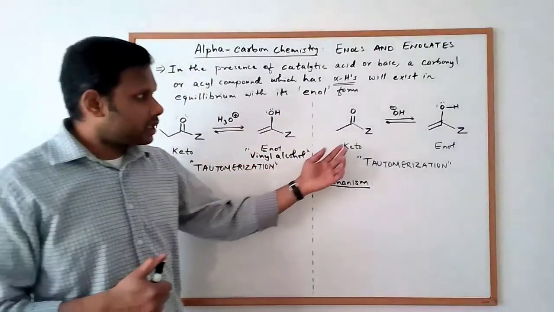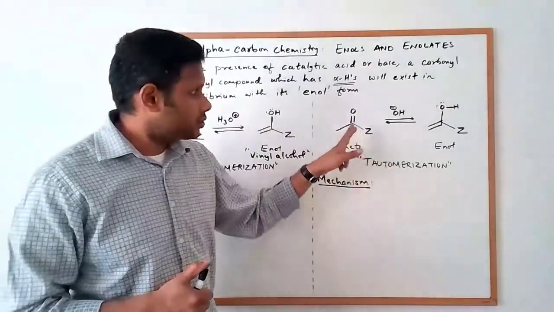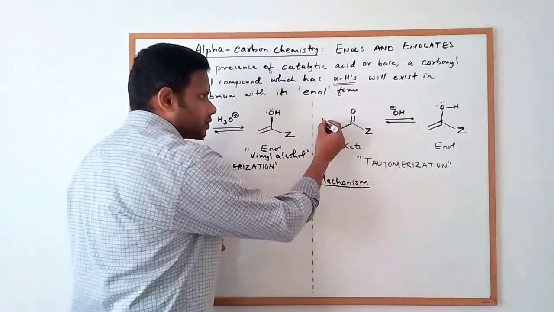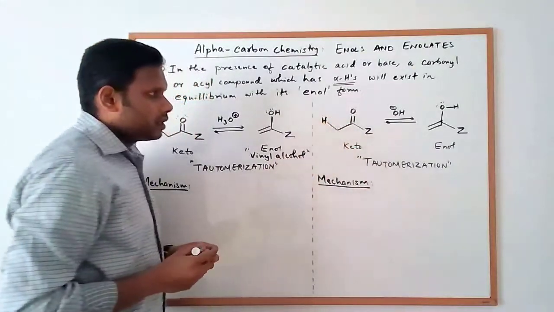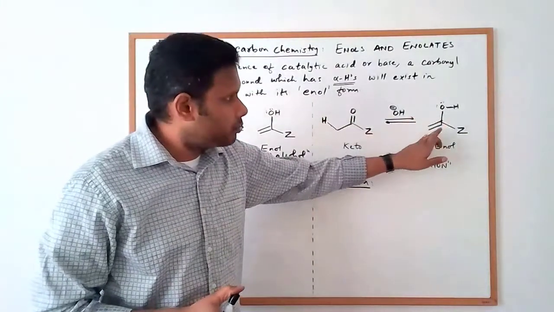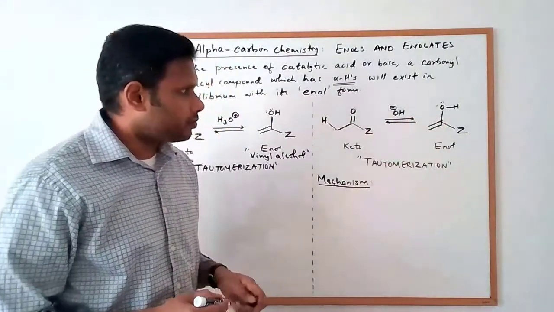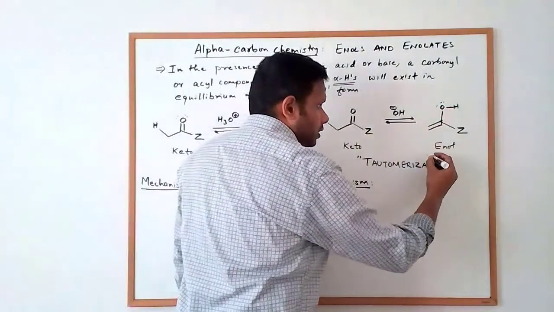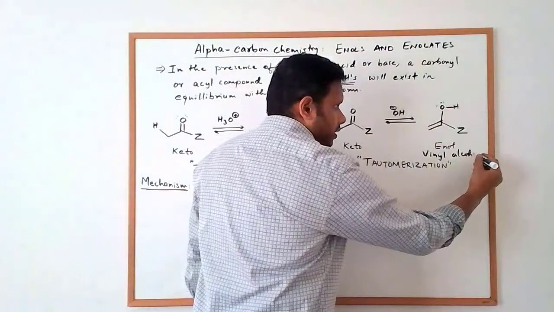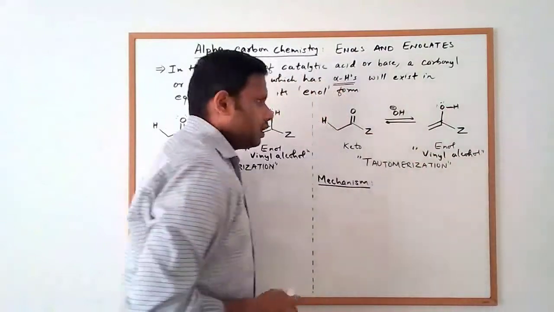Now, the same process can happen under basic conditions. If you have a similar compound which has an alpha hydrogen on it, then under basic conditions, it can exist in equilibrium with its enol form. And again, the enol is a vinyl alcohol. So that is very important.